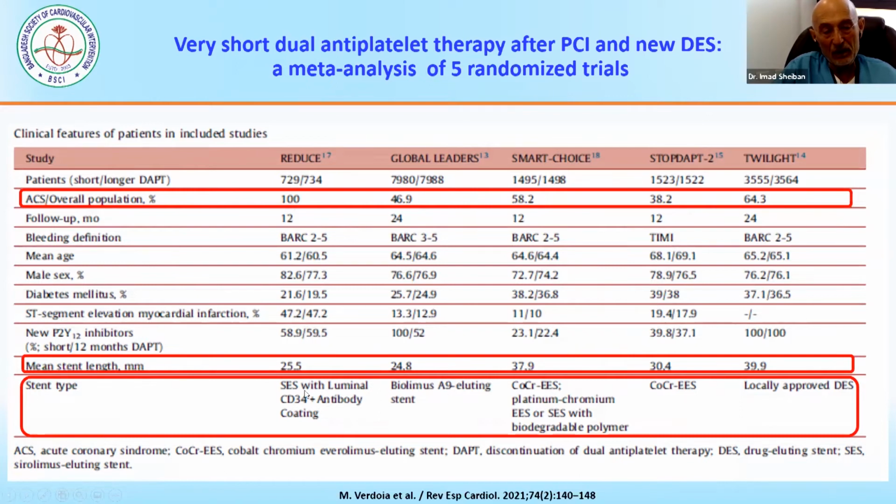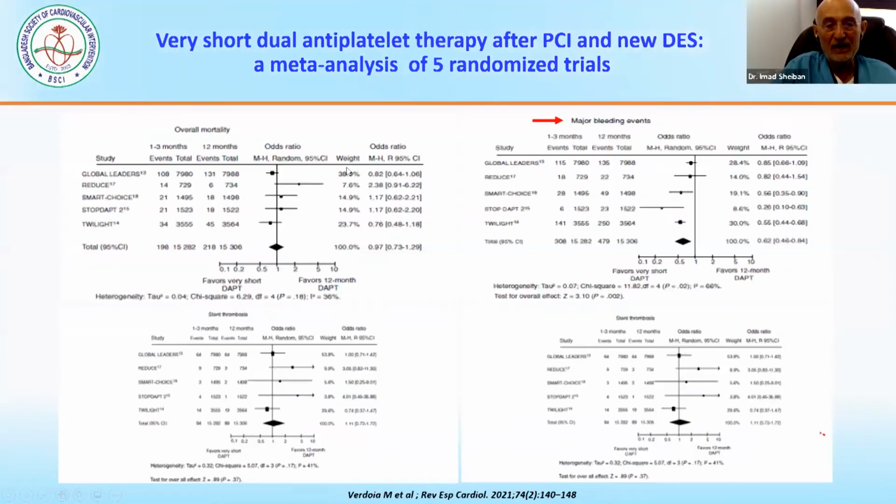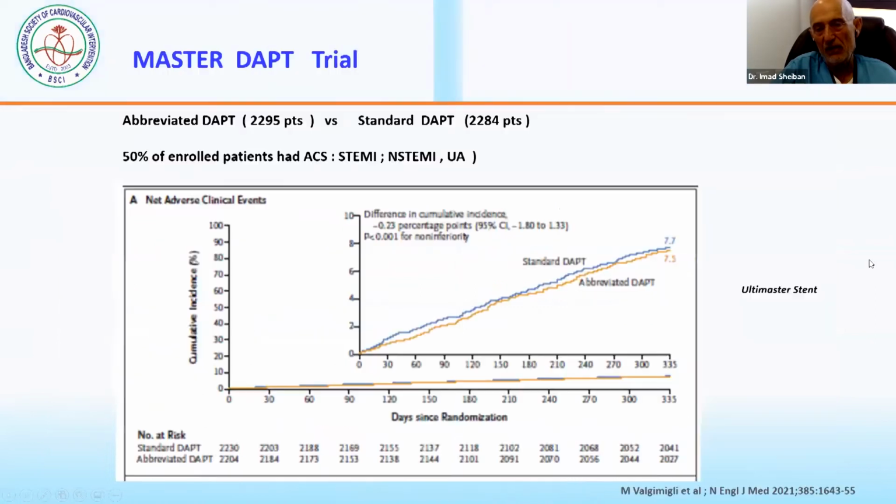And I would underline that a variety of stents have been used in all these trials. And if you look at the outcome, you can see that there is no difference in ischemic events with shortening the DAPT duration. But the most benefit is fewer bleeding events in these 5 randomized trials.